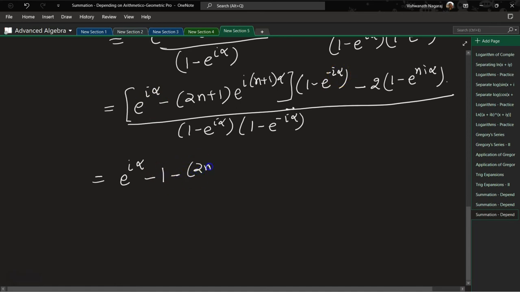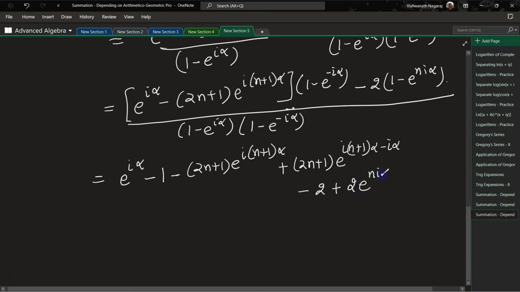Minus (2n plus 1) e to the power of i(n plus 1)alpha plus (2n plus 1) e to the power of i(n plus 1)alpha minus i alpha. So 2 terms, 2 terms, 2 2's 4, 4 terms done. Minus 2 plus 2 e to the power of i n alpha.